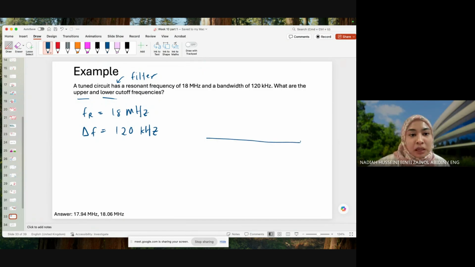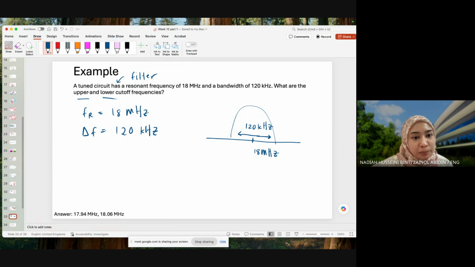So let's draw it. Our FR is this 18 megahertz, and then it's giving us delta F, which is 120 kilohertz. Now, assuming this filter is symmetrical, like our blob that we've seen earlier, therefore this will be a total of 120 kilohertz.